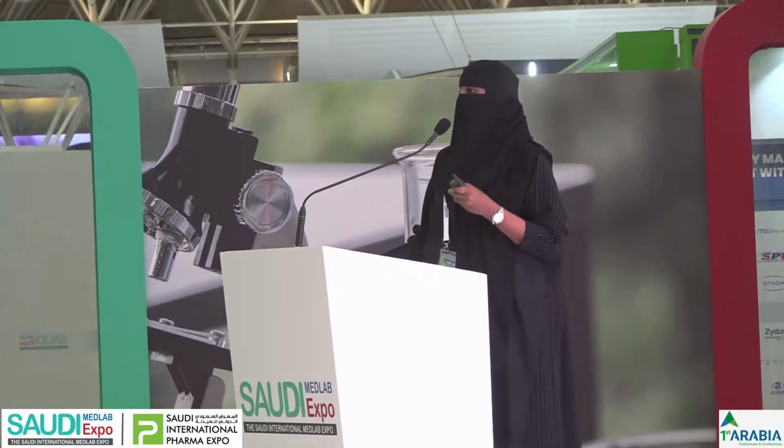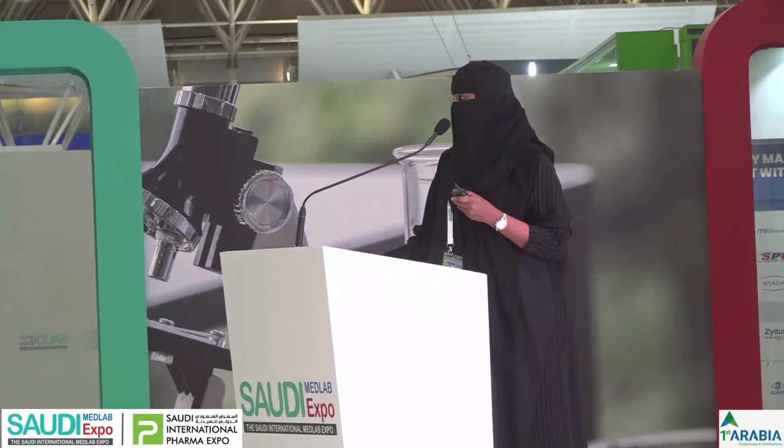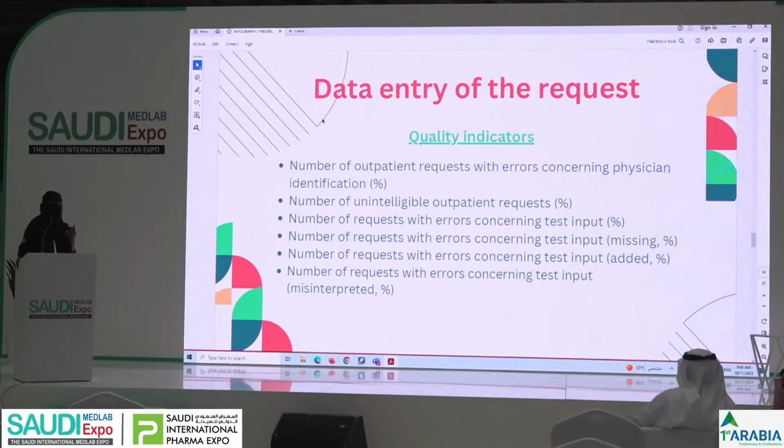Whenever the lab specialist receives the samples, for example a sample requested for a KRAS mutation, and the time of collection is 11 o'clock, he may enter it as 1 o'clock. The time matters in entering the data, especially with a molecular test. We need to know when the sample was collected.